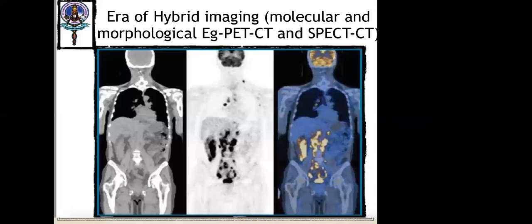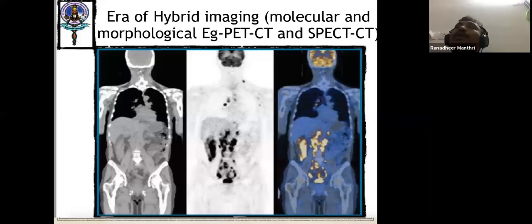So the problem we can encounter here is that in between CT and PET, the patient may move, so you will have movement artifacts. But if we use simultaneous registration like in PET-MR, these movement artifacts can be decreased.